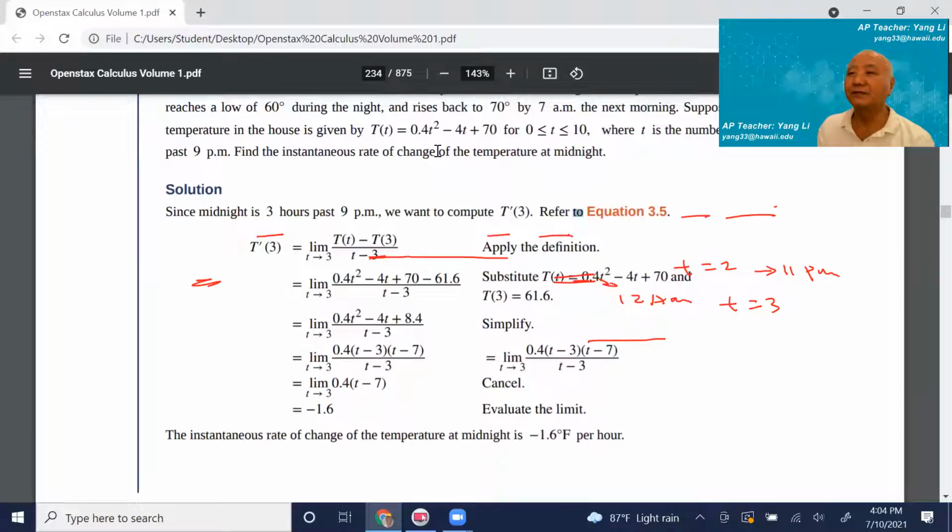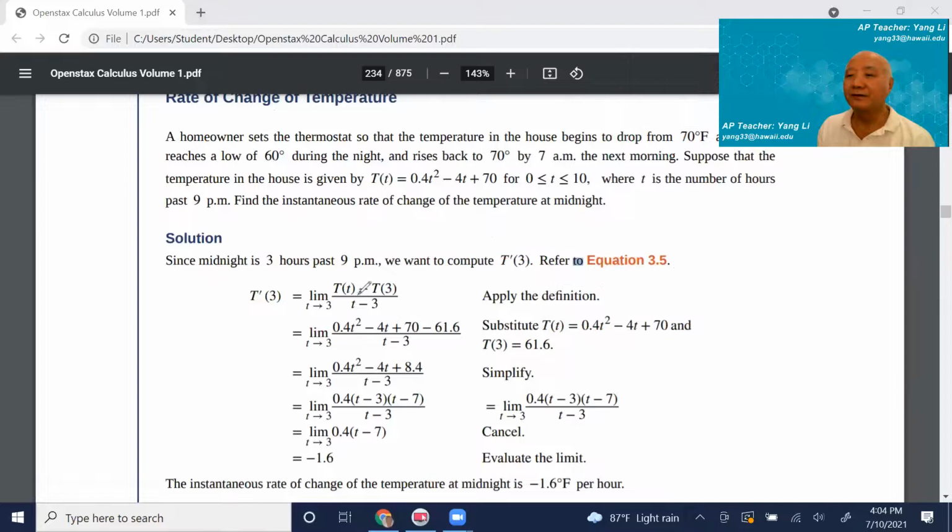Let me just erase it, okay? So we can see that better here. So T is this one. I put it here, right? And the minus T3. How do you get this number? You simply plug in T equals 3.